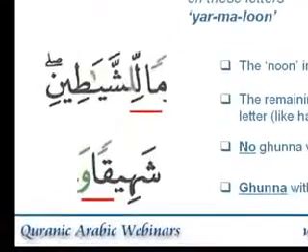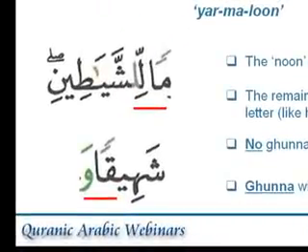Let's look at 2 examples. The first one, here we have the word man and then lish shayateen. So we have man, which is tanween, i.e. fatatain. The next letter in the next word is lam, so it's beginning with the lam. So we have the lam, which is one of the yar maloon letters, so we do an assimilation.